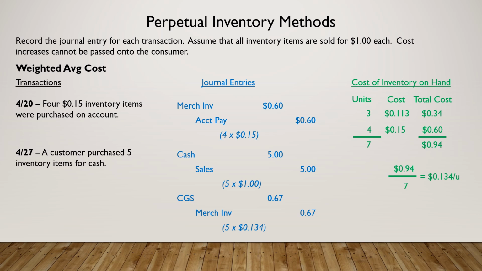We just sold 5 of our 7 units, so we have 2 units left at 13.4 cents per unit, or 27 cents worth of inventory. As in previous scenarios, you can verify this amount by drawing a T account for merchandise inventory.